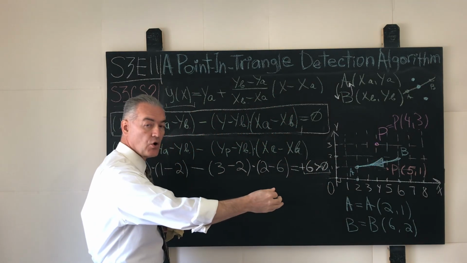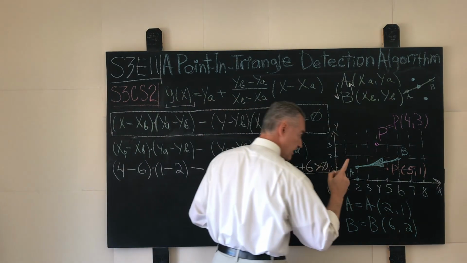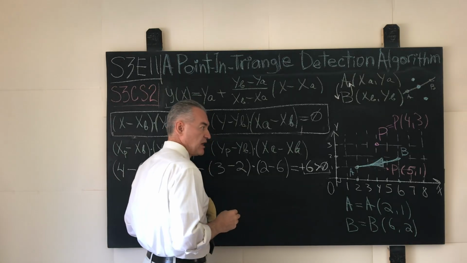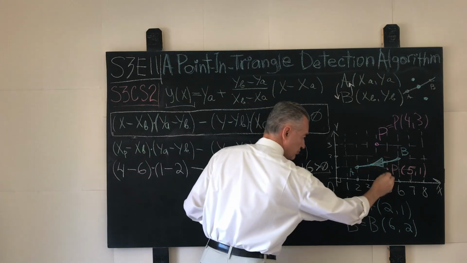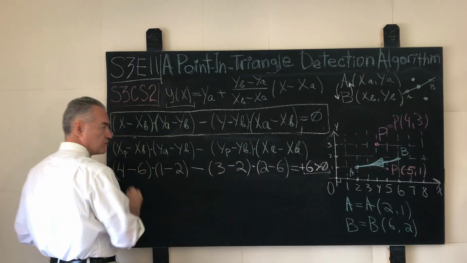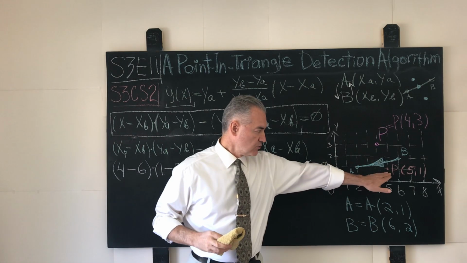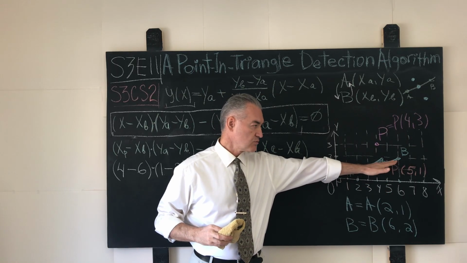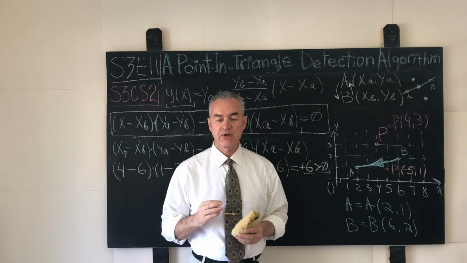To the right of the straight line that runs from B to A. And in the next experiment, we will compute the value of our expression shown over here for the point P that is located in the other half plane into which the straight line through the points A and B partitions the parent plane.